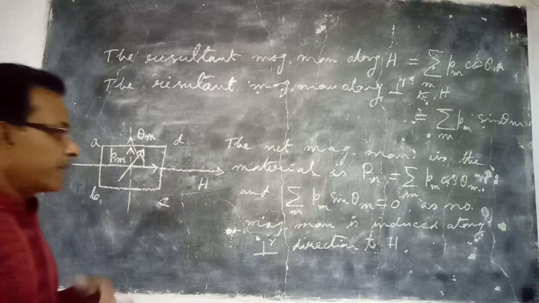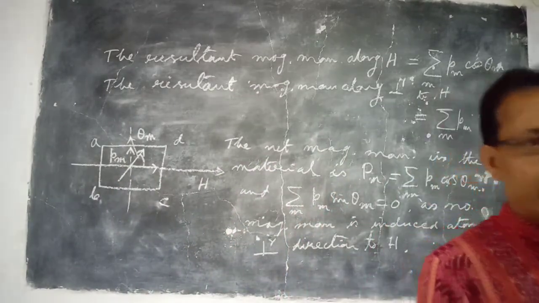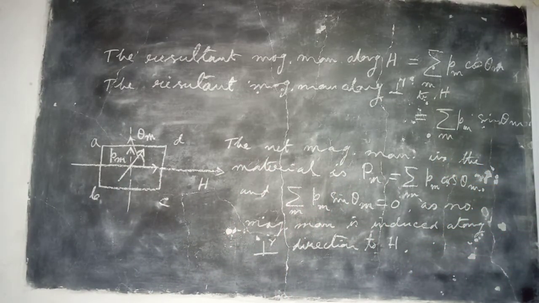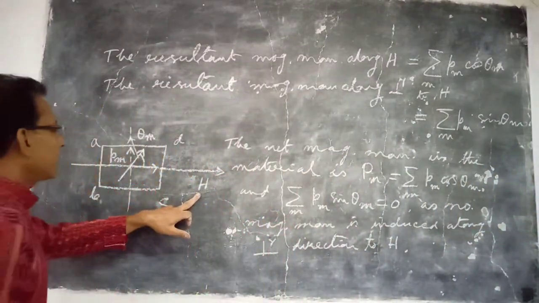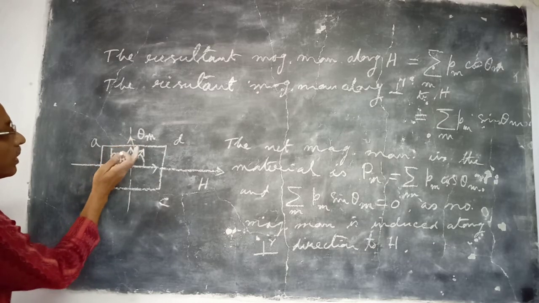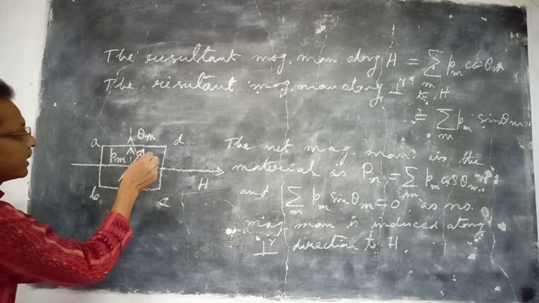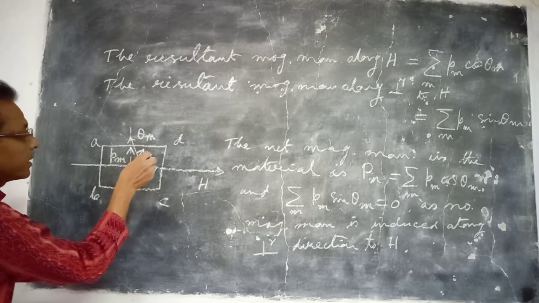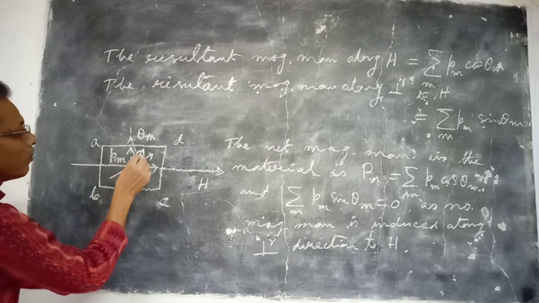Now if we want to increase the magnetic moment in the material, that means we have to increase the external magnetic field. If we increase the value of the external magnetic field, then what will happen? This molecular magnet will align itself in the direction of H. It will rotate further by a certain angle.